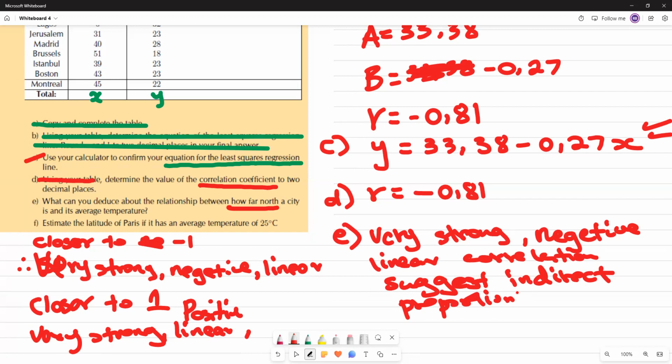Or as the distance gets higher, the temperature will get smaller. So there's an inverse proportion. Okay.